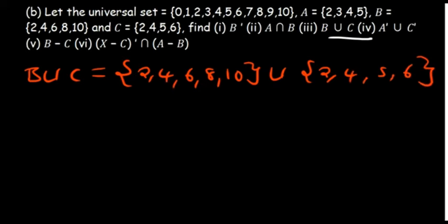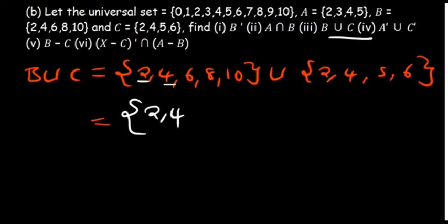So the union of the sets basically involves you combining the elements together. The set that you're going to have is the union of the two sets. So you only list the common elements once. You don't have to write them twice. For example, 2 and 4 are common, so just write them once.